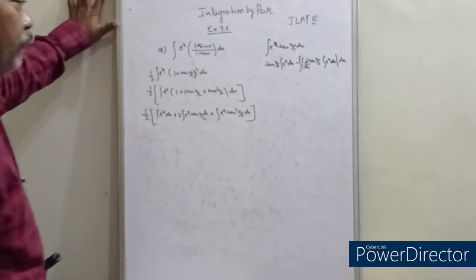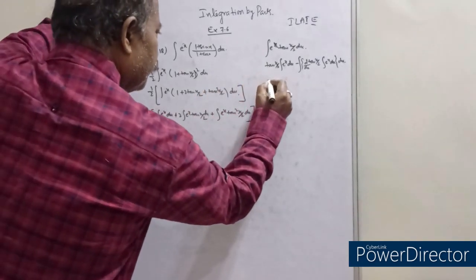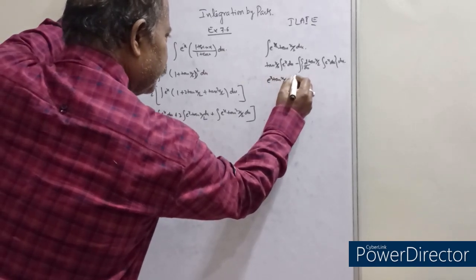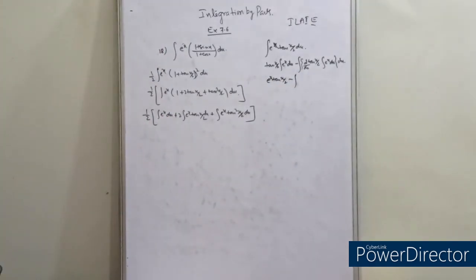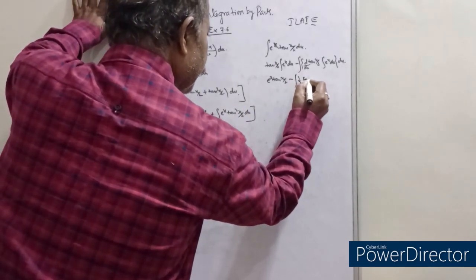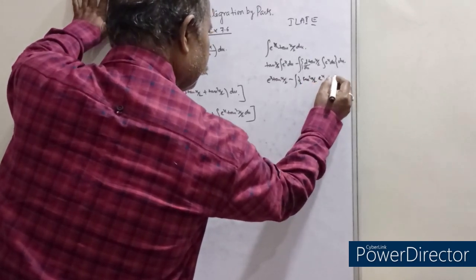So what do we find here? We find that e to the power of x tan x by 2 minus differentiation of tan x by 2, the constant will come forward, and tan x differentiates to sec square x. So this will be 1 by 2 sec square x by 2 e to the power of x dx.